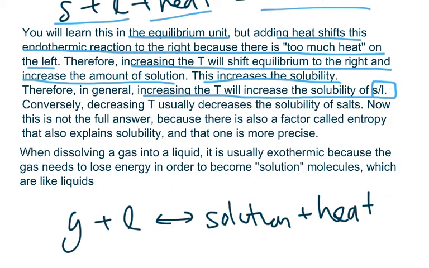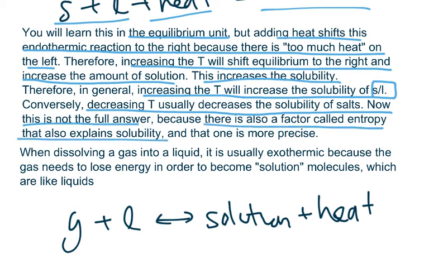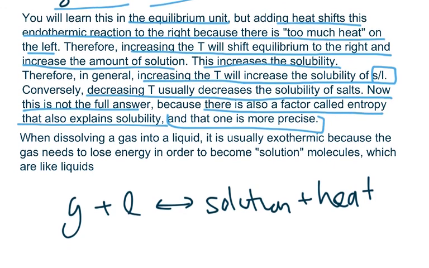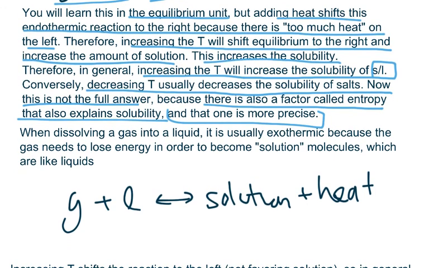Conversely, decreasing temperature usually decreases the solubility of salts. Now, this is not a perfect answer, because there's also another factor called entropy that explains solubility, and that one is honestly a better definition. But for now, let's just stick to this definition that I gave because it's accurate to a certain extent.